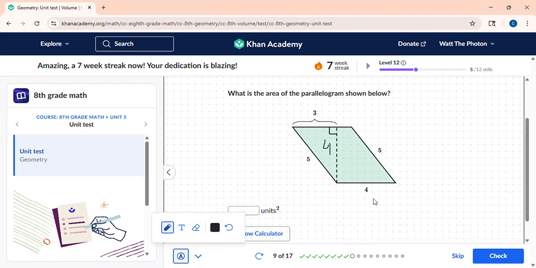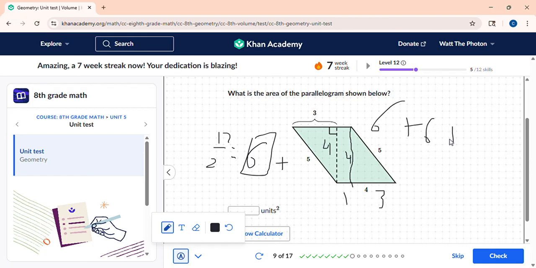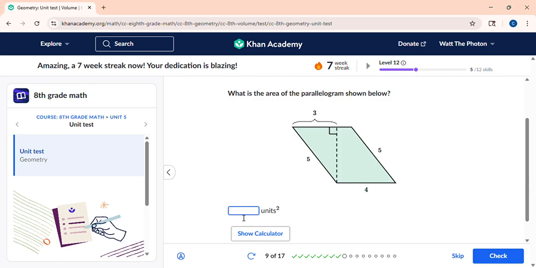And so 3 times 4 is 12. 12 over 2 is equal to 6. So we have 6 plus, we cut this in half. Note that this is 4, and this is 3, and this has to be 1. So 3, 4, 5, again, so we're going to have 6 plus 6 plus 4 times 1 is 4. That's 10, that's 16 square units.